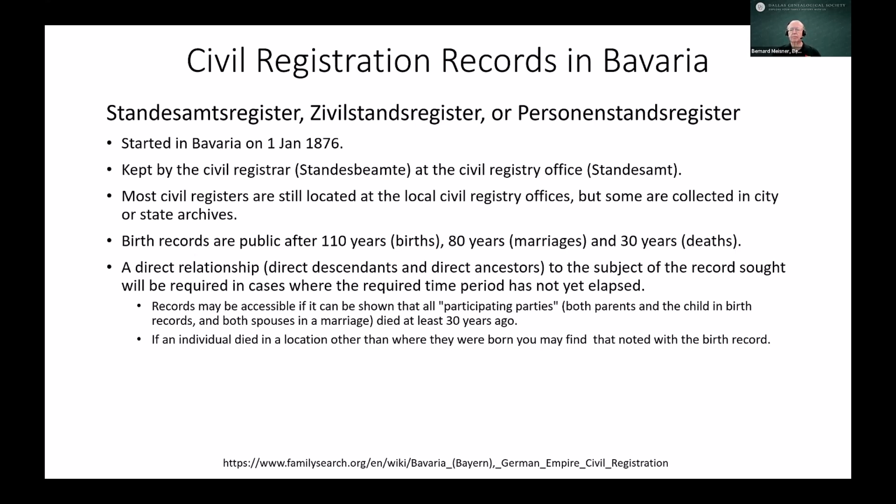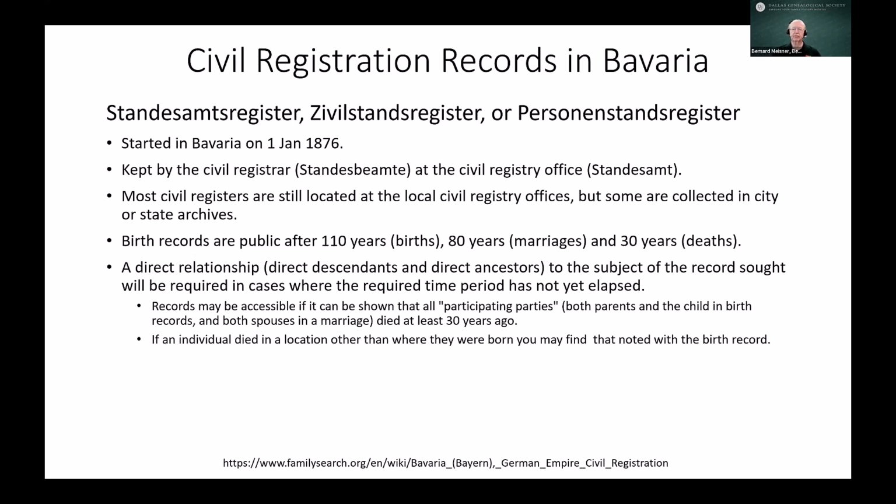If you're looking for something more recent than that, if you can show you are a direct descendant, which means you're the child, not the nephew or niece, the brother or sister, the parents could likely get the information.